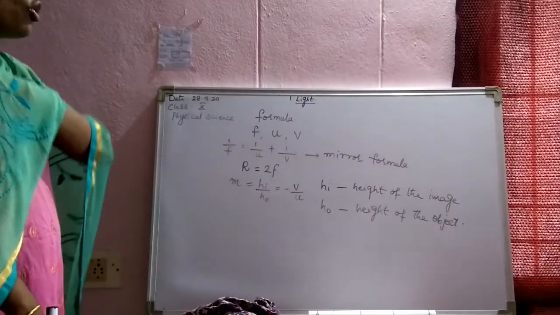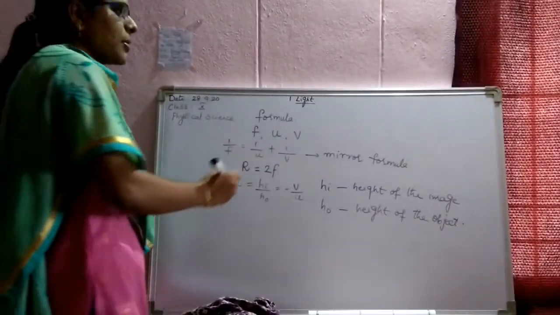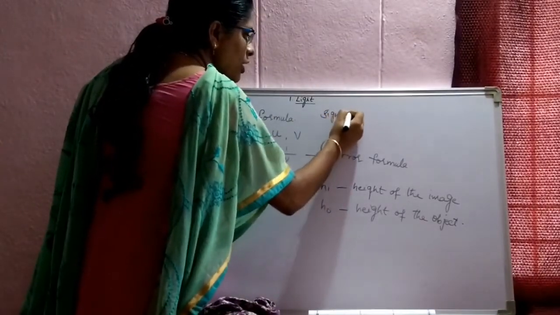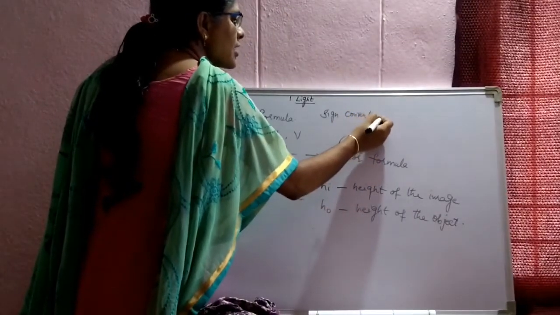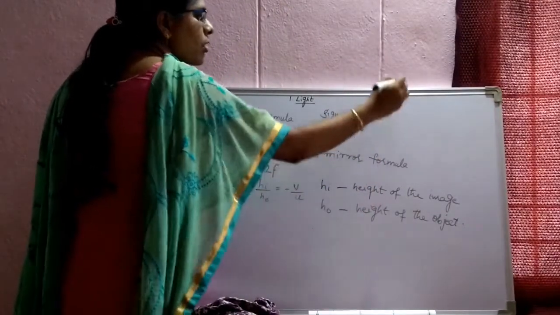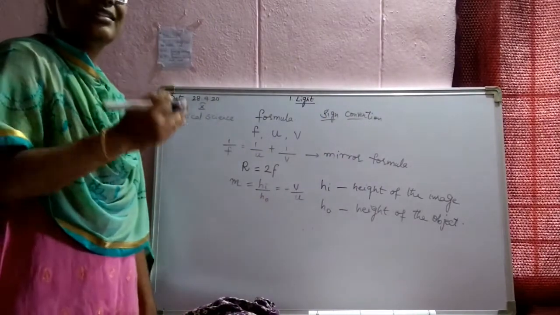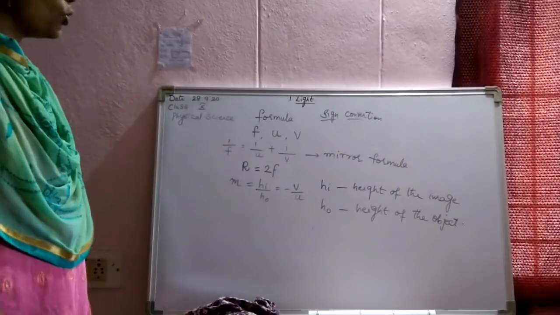Not only these formulas, you must remember the sign convention. I have told you in the last class. Sign convention: all the distances should be measured from the pole.